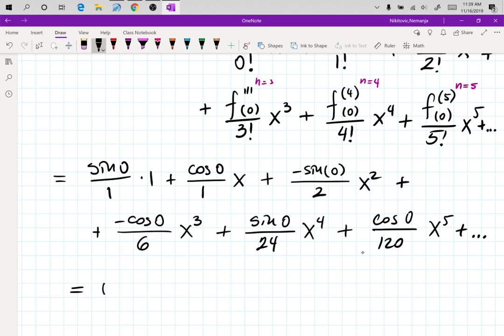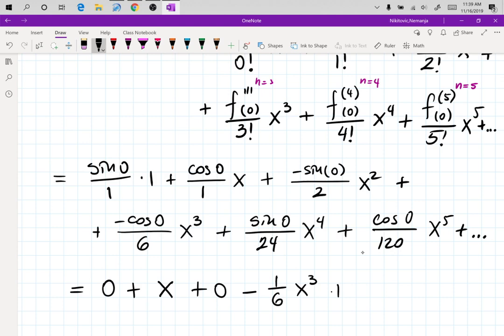Sine of 0 is 0, so the first term is 0, plus cosine of 0 is 1, so this one works out to be x. The next one is sine of 0, which is 0, so that's 0 also. Next one is the minus 1 over 6 x cubed.